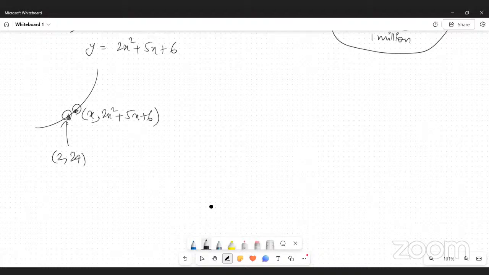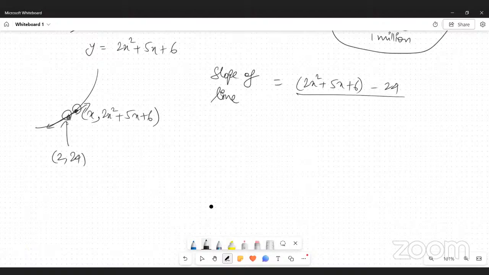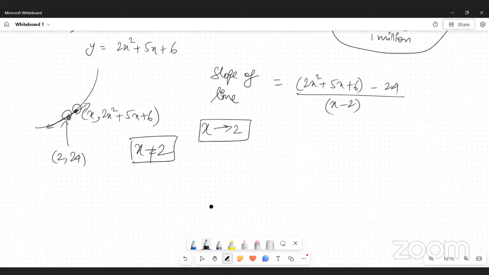So the slope of the line joining these 2 points will be equal to 2x square plus 5x plus 6 minus 24 divided by x minus 2. If these points are very close to each other, that means x is tending to 2. Mind my words, x is not equal to 2. It is tending to 2.